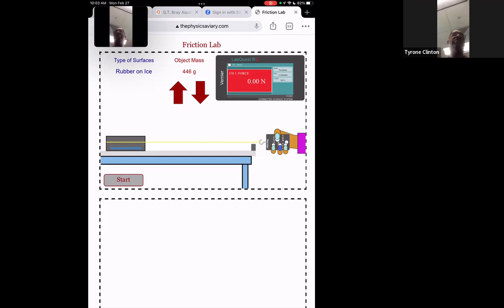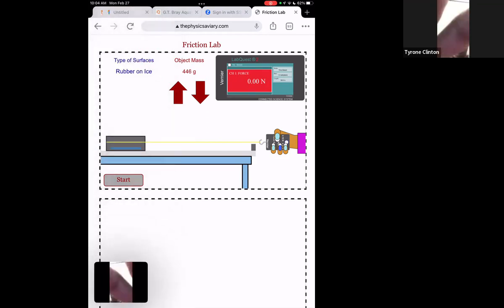So in this case, let's just say we're going to have wood on the table. To change that surface, you're going to click the verbiage that says types of surfaces. And so we have glass on glass, graphite on some surface, rubber on concrete, in this case, wood on the lab table.